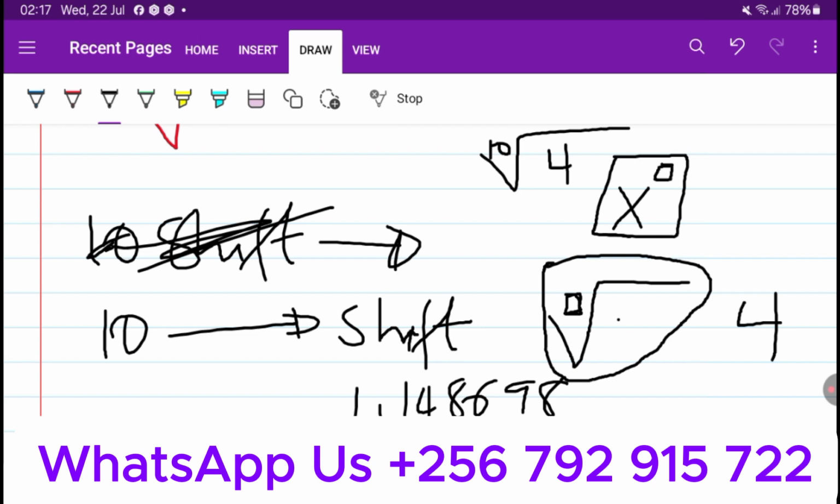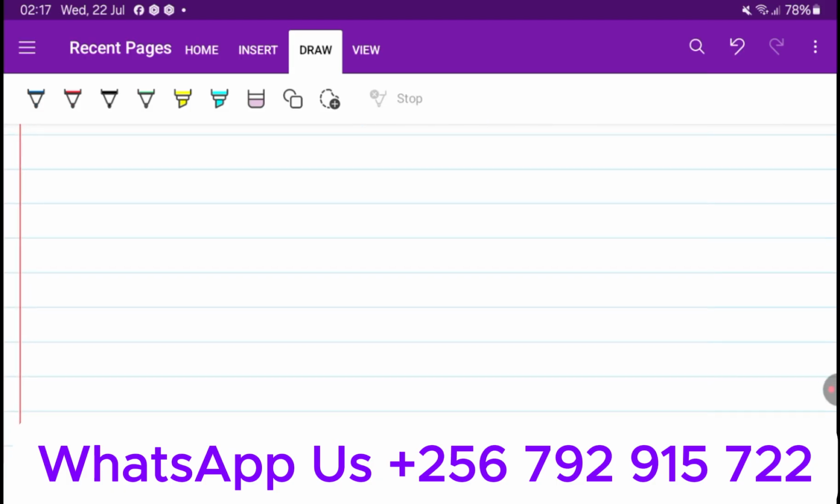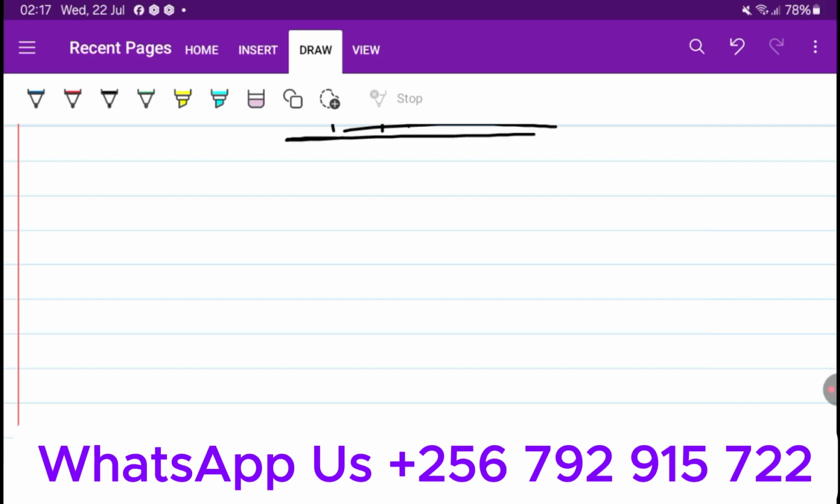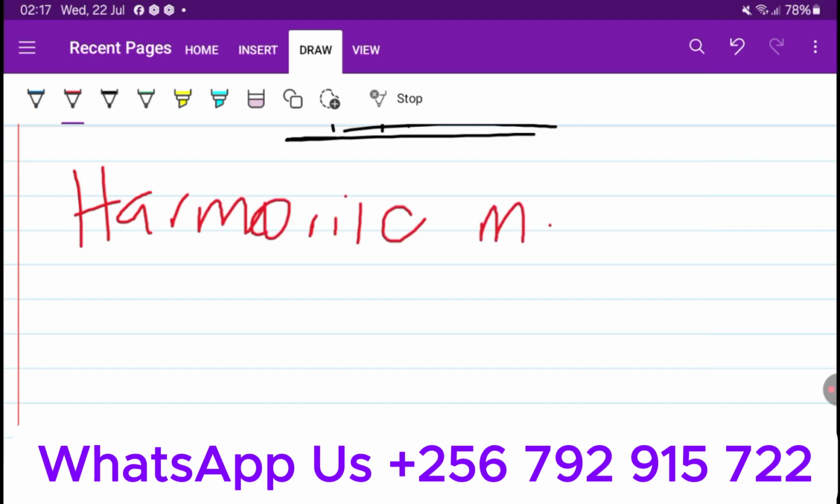Only a few things are changing, which I can explain, then you'll be able to go through them. What you need to understand from the harmonic mean is that the harmonic mean is just the reciprocal of the arithmetic mean.